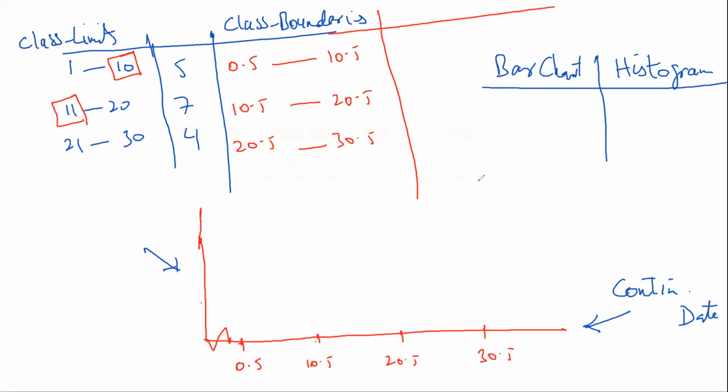You have discussed the gaps between the bars and the different widths of the bars. And then there is one very important point left to be discussed. Yes? What is that point?